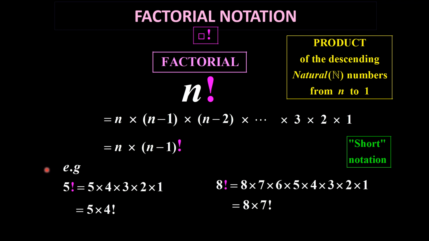Or if I had 7 plus 7 plus 7 plus 7 plus 7, I can just write it as 7 times 5. So like the repeated multiplication or repeated addition, this factorial is just an abbreviated way of writing a product of descending natural numbers up to the number 1.